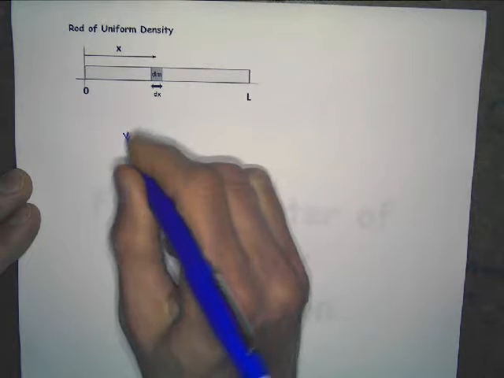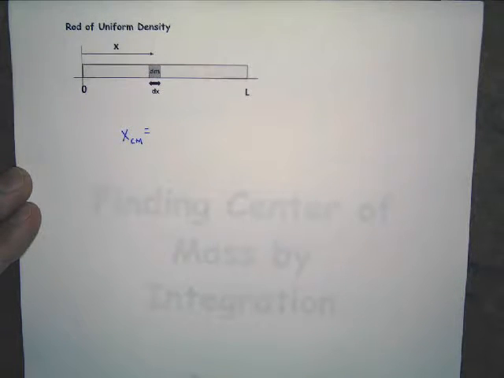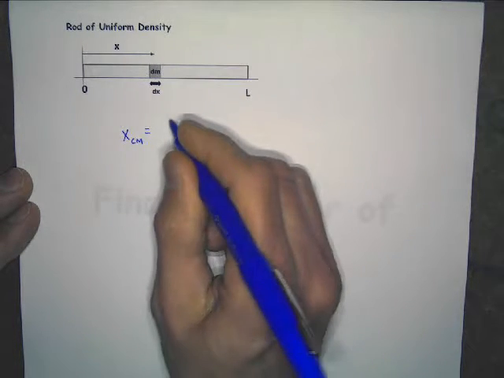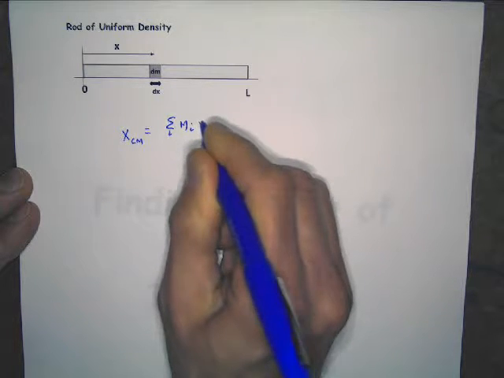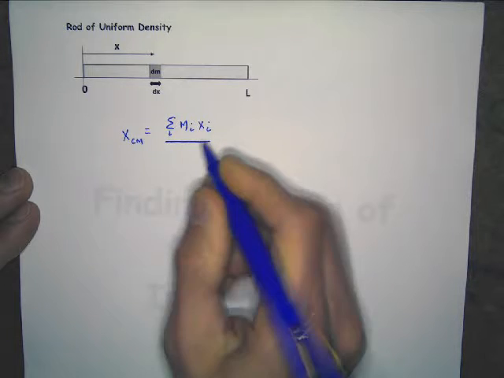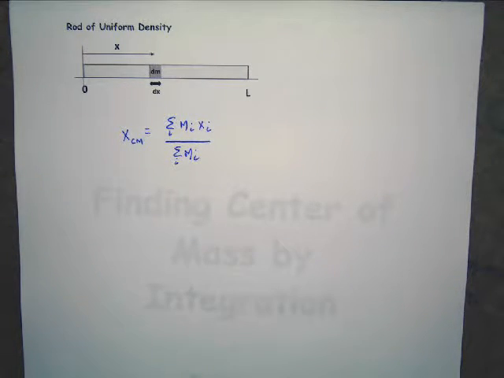First off, what we're going to start with is the formula for the center of mass that we came up with the other day for discrete objects, for separate masses. We said that formula was a mass-weighted average for position.